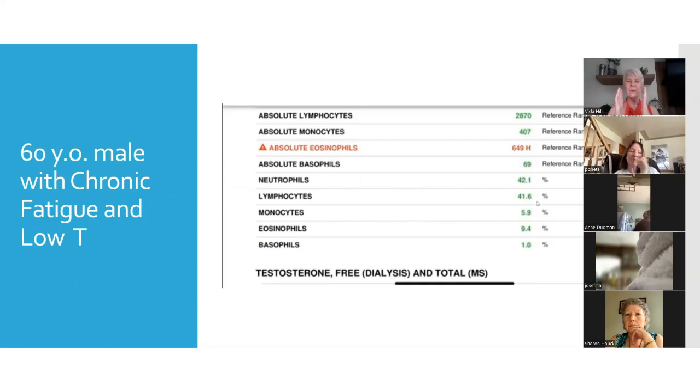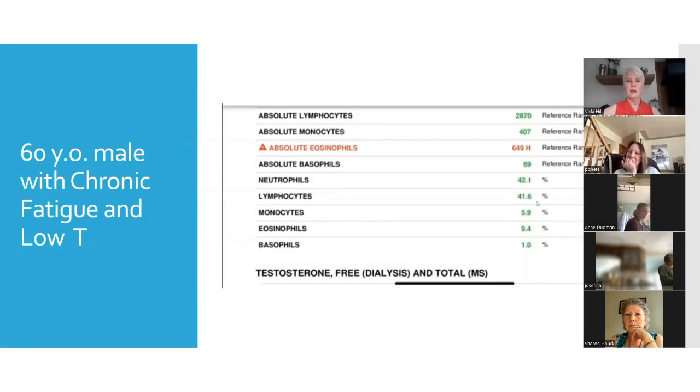But if the range is so wide, then you don't see it. So that's why we bring that into a functional range. So we can say, okay, if it falls outside of that range, then we're looking at a low grade type of infection, whether it's bacterial, viral, parasitic, or fungal. Does that make sense?